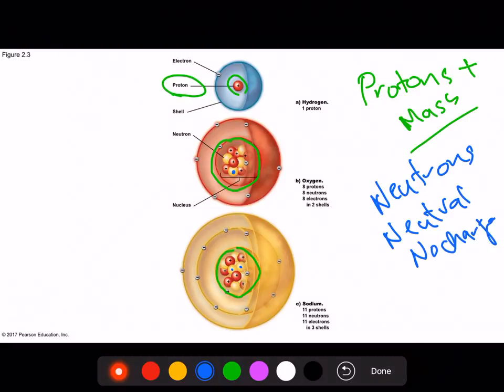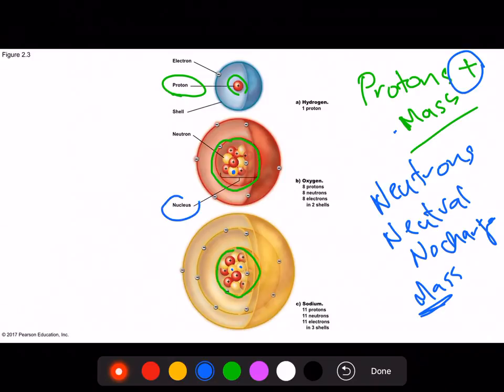But still they have mass, and this mass is usually equal to the mass of the protons. So think of them as very heavy subatomic particles. One of them is positive, the other one is neutral, and both of them usually will be located within the nucleus.